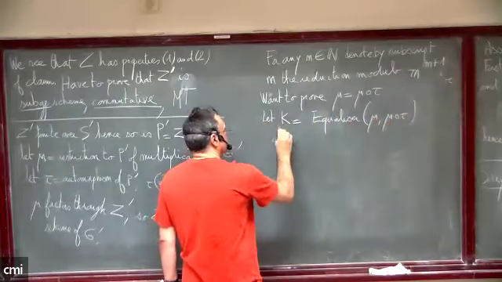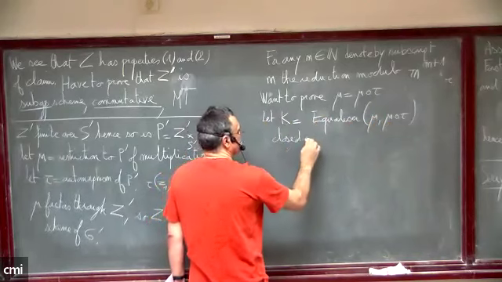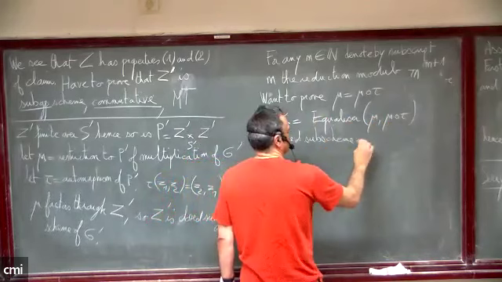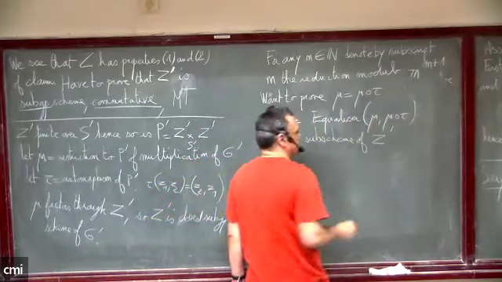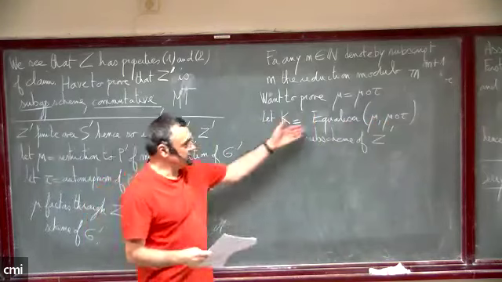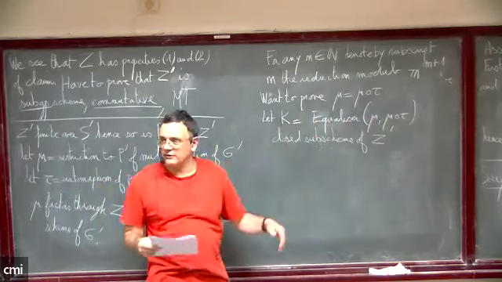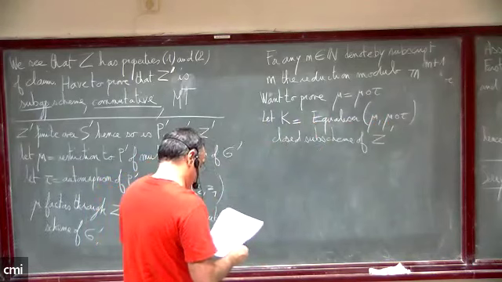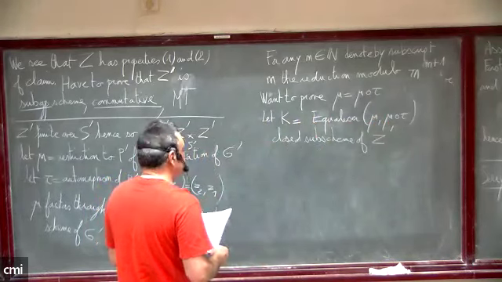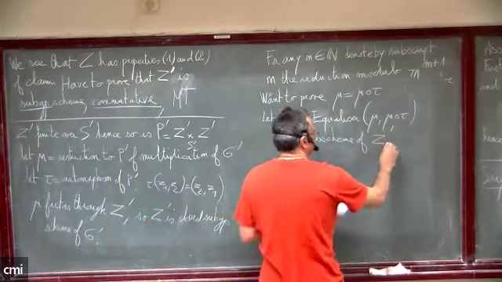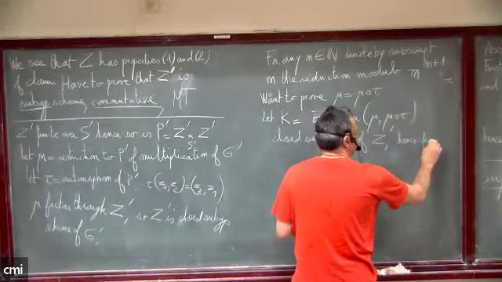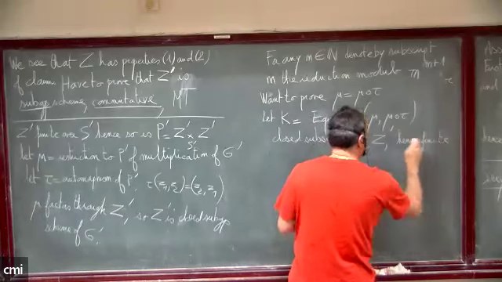So this is a closed subscheme of Z prime, because again, it's a fiber product. And it is finite.